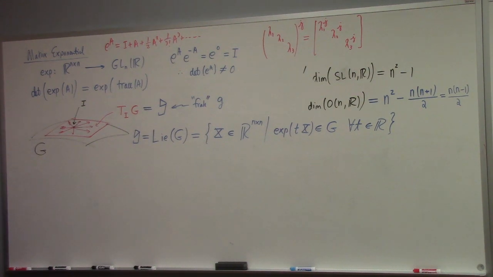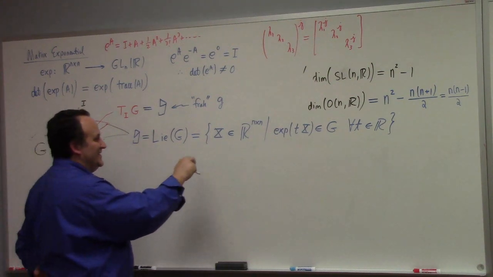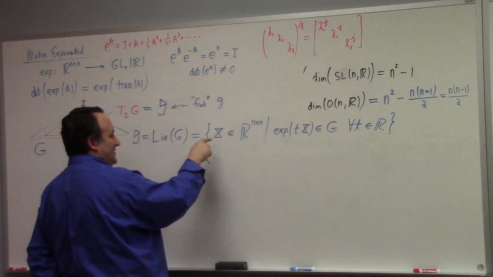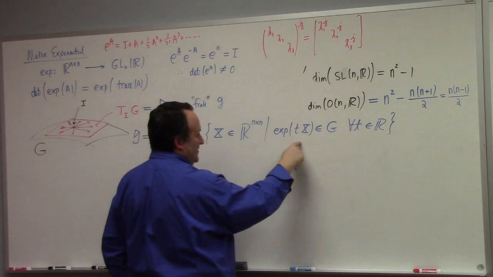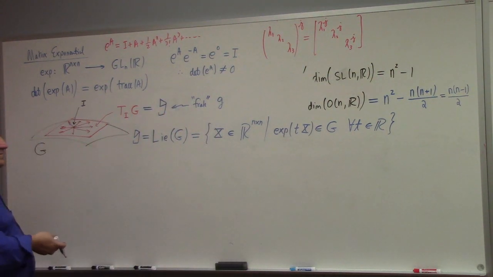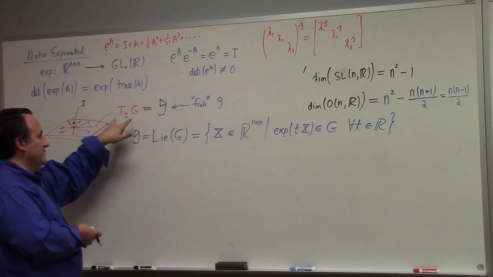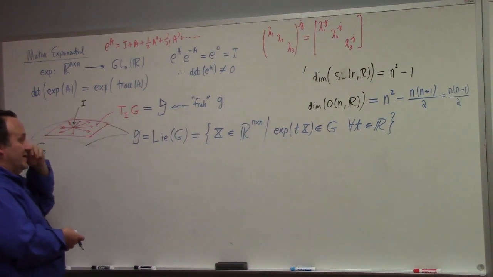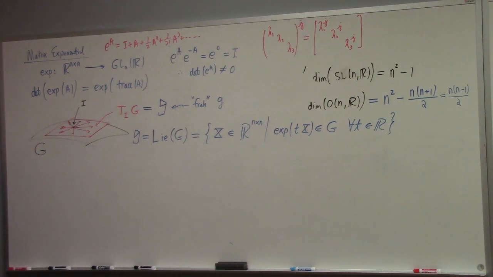But it's not at all clear to me that if you take the x's such that the exponential is in G, why is that a vector space? Totally agree with you, Audric. This is almost by definition a vector space. And I'm not sure it's really different either.